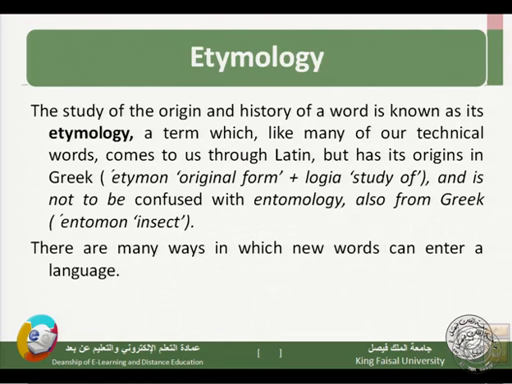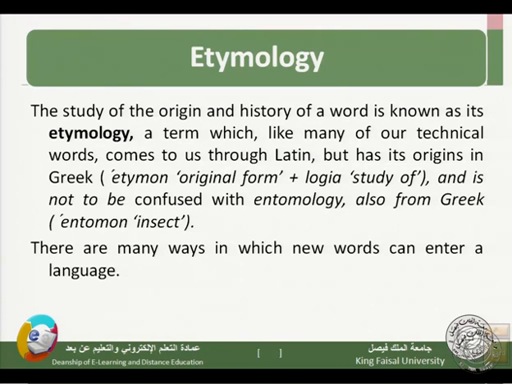First, let's deal with etymology. Etymology is the study of the origin and history of a word. But etymology as a term, like many of our technical words, comes to us through Latin. That was speaking about the English language.